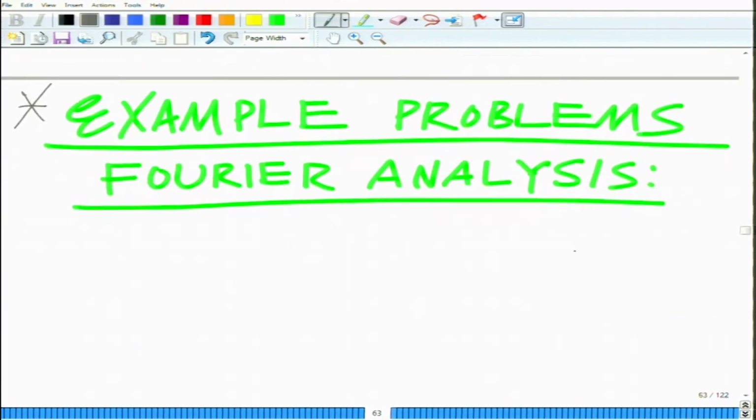Now, we know the CFS of x tilde t. We have already derived the complex exponential Fourier series of x tilde t.